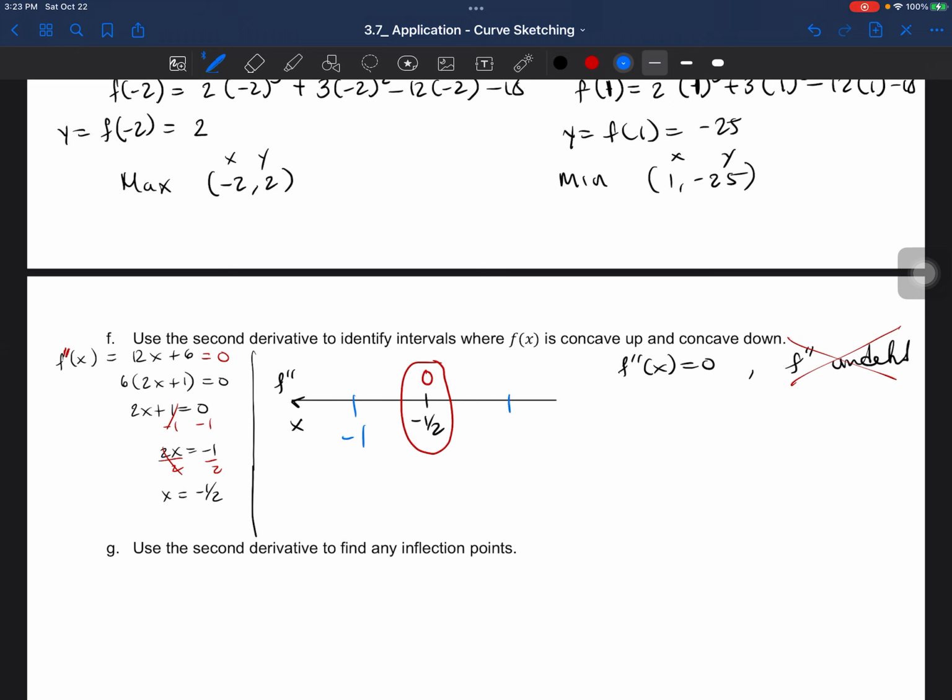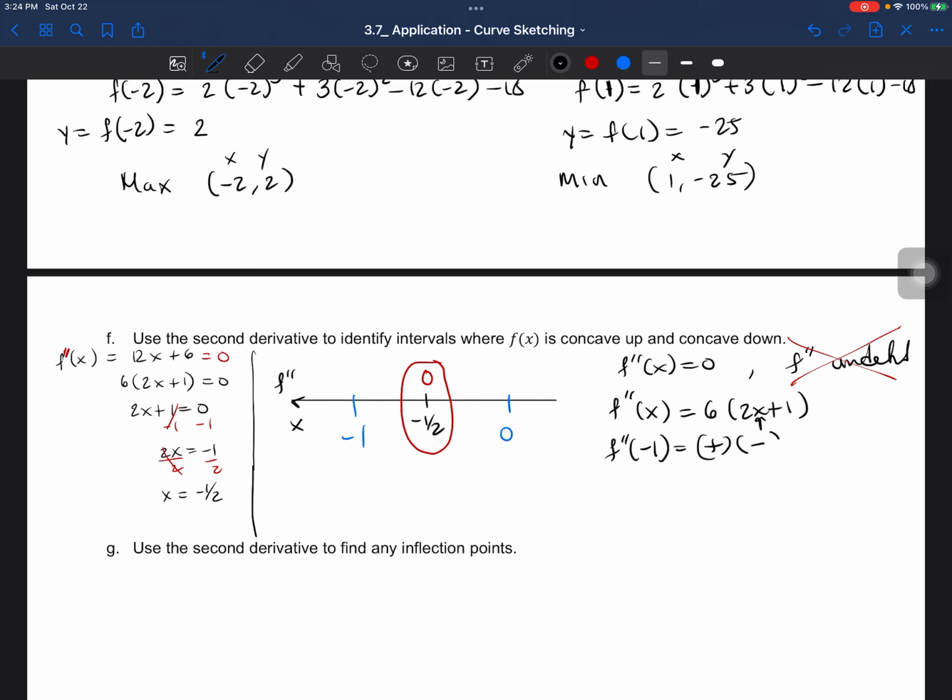So what we need to do here is just figure out what is happening on the left side of negative 1/2, for which we can use negative 1, and on the right side of negative 1/2, for which we can use 0. Now we're going to test these numbers. We have 6 times 2x plus 1.